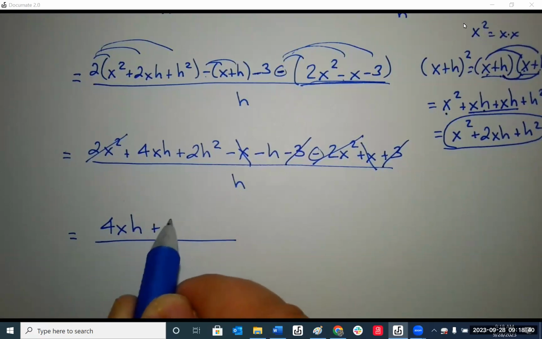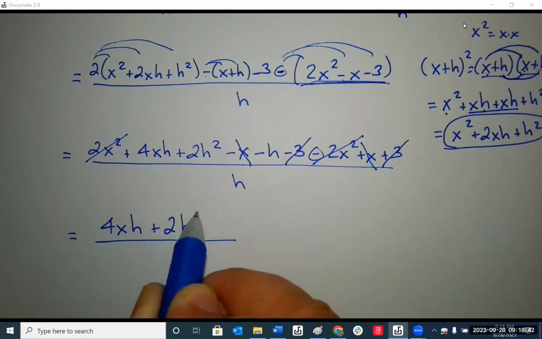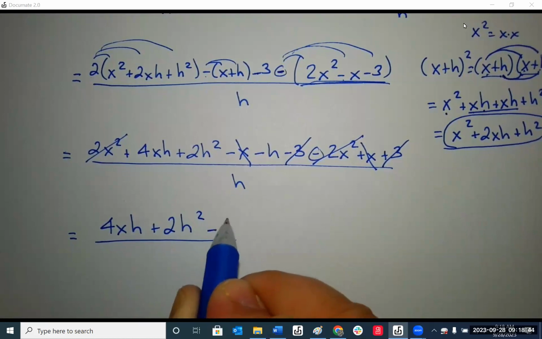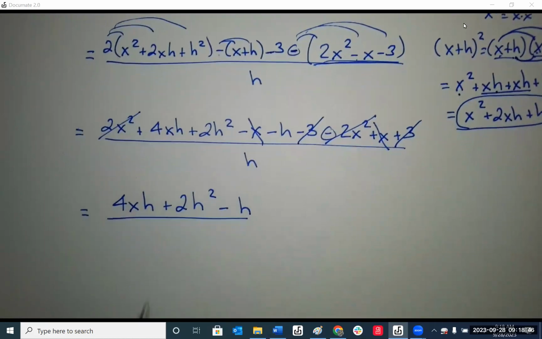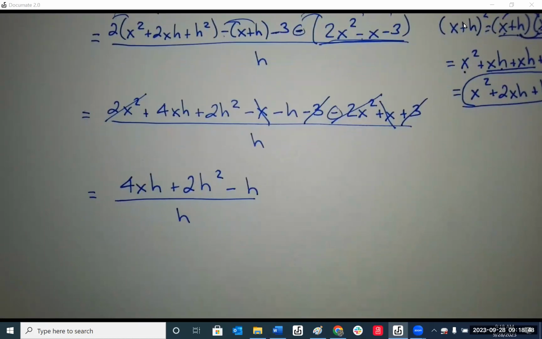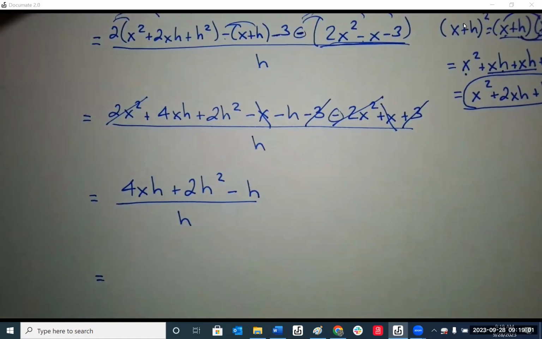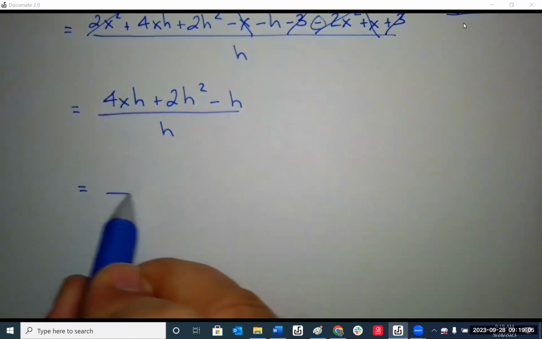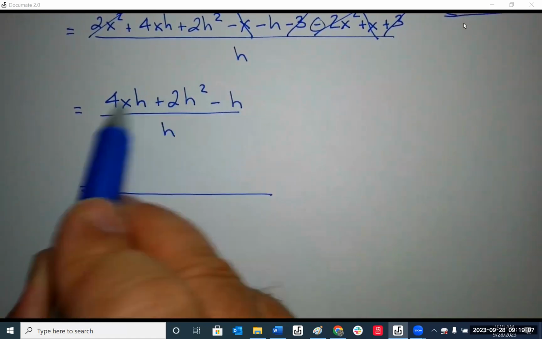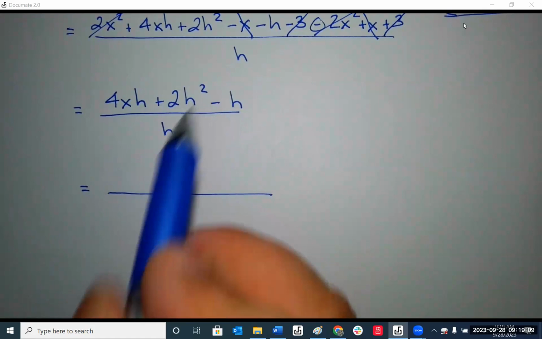4xh + 2h² − h, all over h. Notice on top, everybody has at least one h.